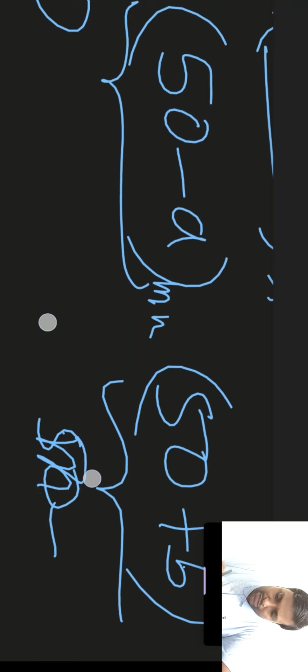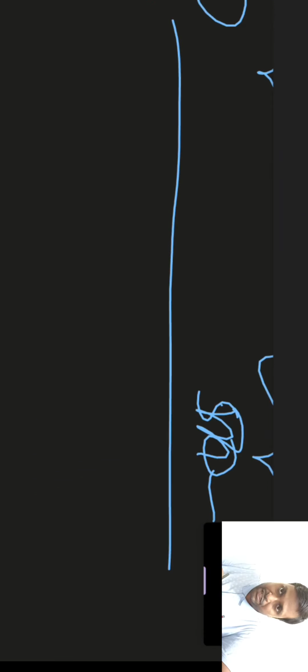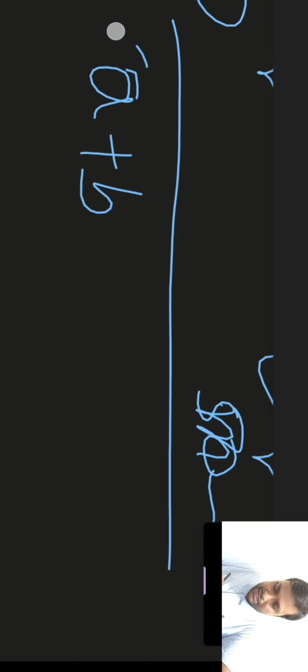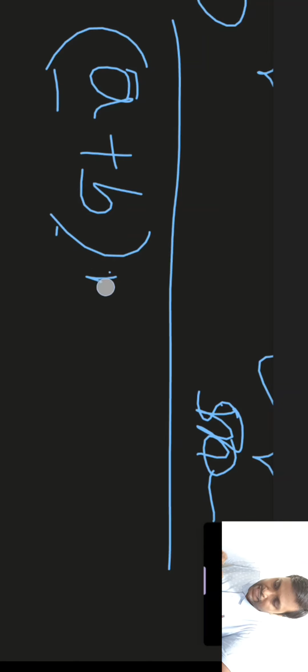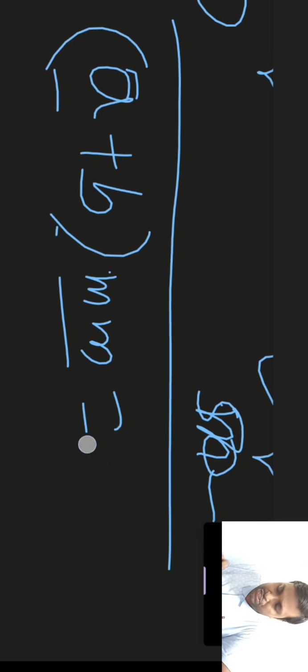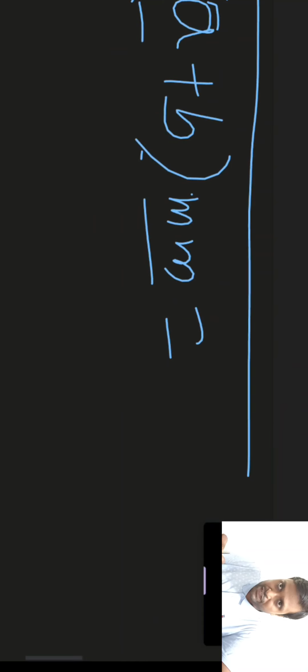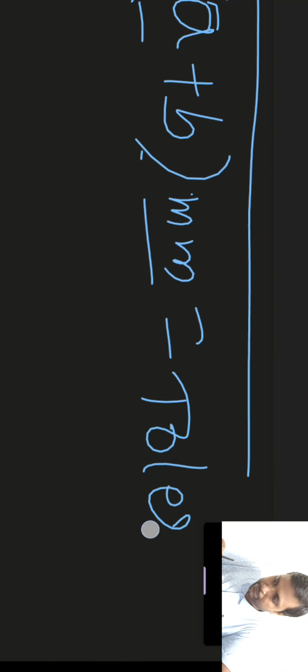So there is a deviation between the maximum limit size and the minimum limit size of the shaft, and that is nothing but A plus B. There is a variation of A plus B mm, and this variation or deviation in the manufactured shaft is known as tolerance.